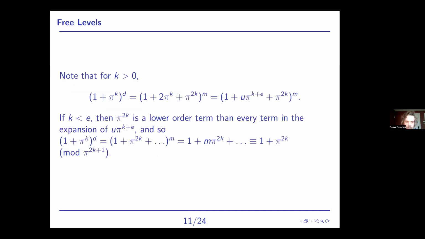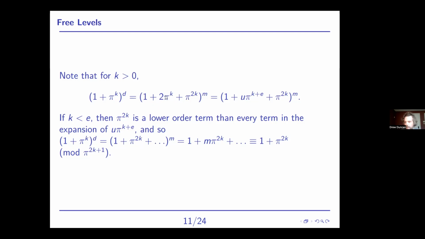Now coming back to the kinds of contractions that we can perform, these are dependent on what the Deith powers are. And so I'll establish a little bit of facts about those. If we pick any k that's greater than 0 and we look at (1 + π^k)^d, then we can pull the factor of 2 from the d inside.